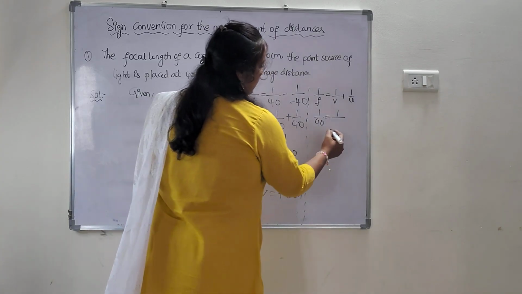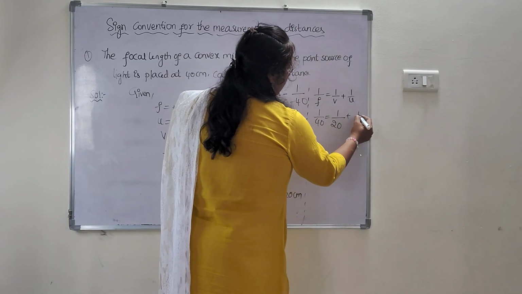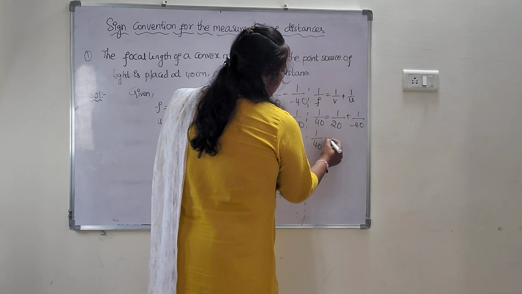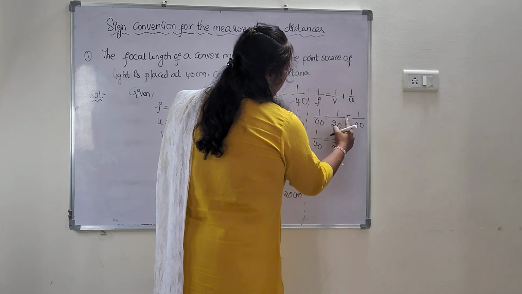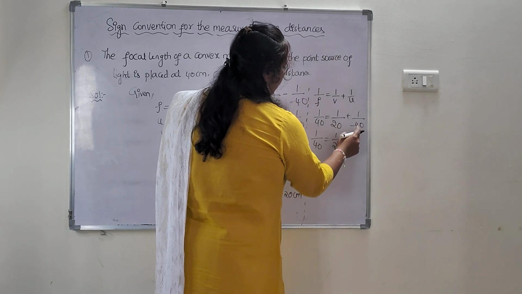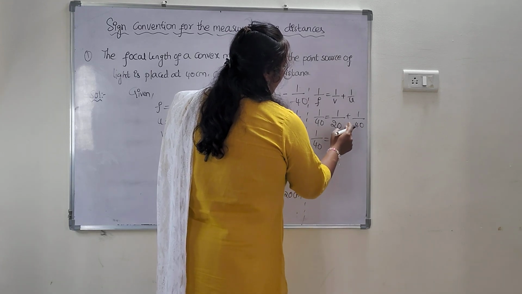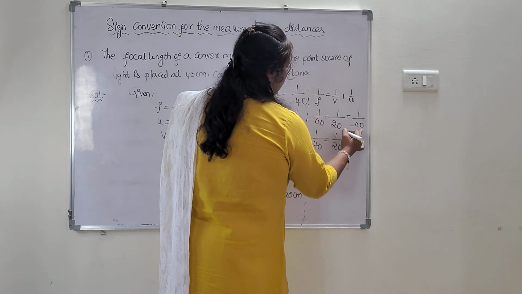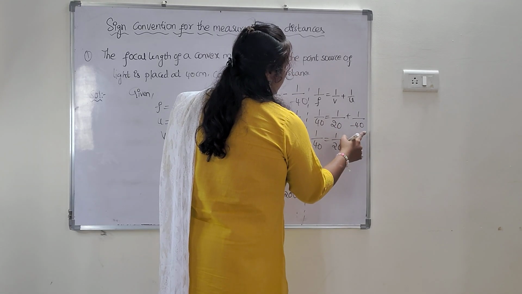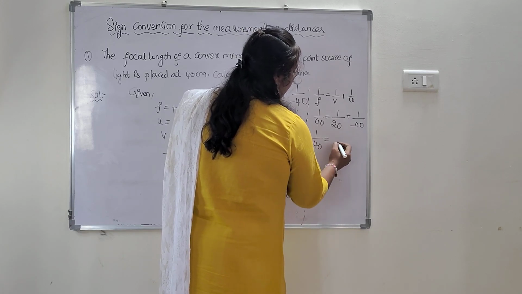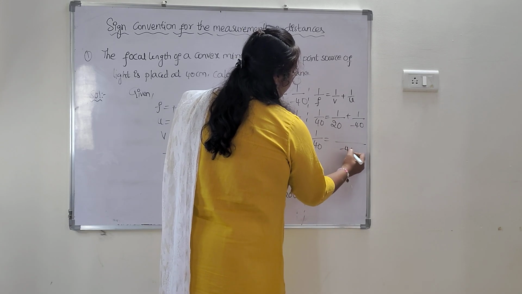Just now we did, 20, plus u value is minus 40. 1 by 40 equals to 1 by 20 plus into minus, minus only. For 20 and 40, if you are doing the LCM, how much will you get? 20 minus 40, you will get 2 ones and 2 twos. That means minus 40 you will get.